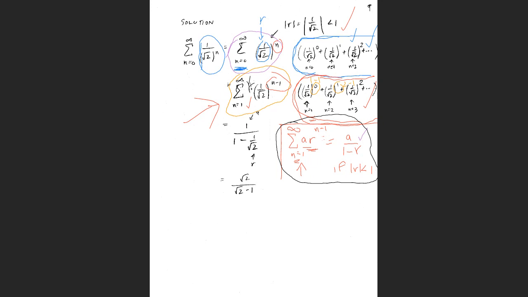And the common ratio is 1 over root 2. So hence, you get the sum. Now, 1 over 1 minus 1 over root 2, I'm going to write that as root 2 times root 2 over root 2 minus 1, simply by multiplying the top and the bottom here by root 2 over root 2.